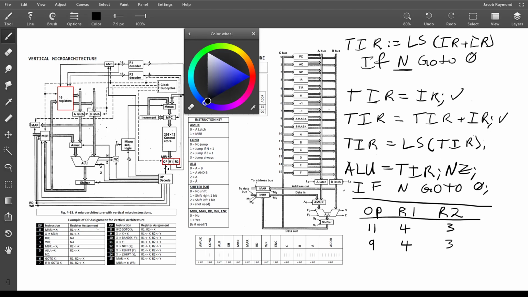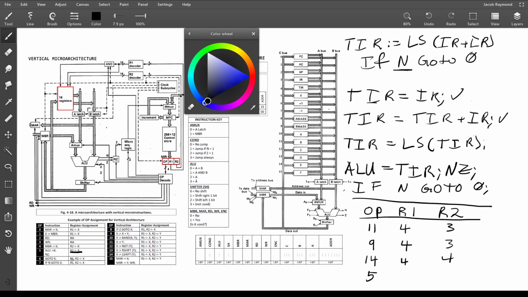Then you have the third operation, which is the left shift. We see that's operation number 14. Again, X is the thing on the left, Y is the thing on the right. Here they're both IR, so those are both going to be 4. Then we have this operation 5 here. This ALU equals TIR NZ.